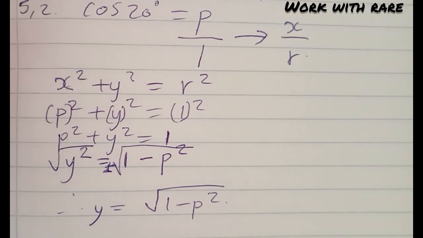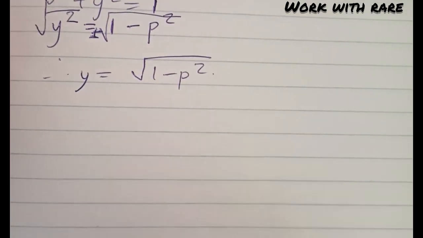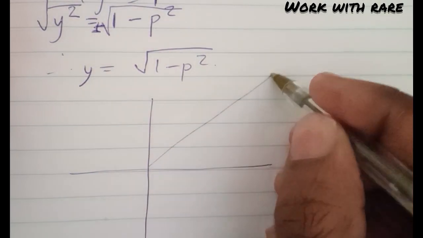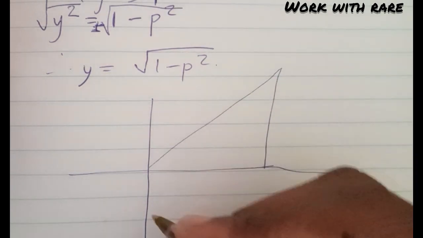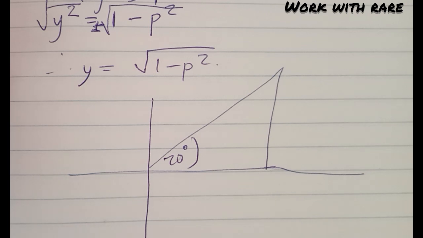Okay, so I'm going to draw it right now. If I draw it, I will use that sketch to answer my following questions. So let me draw it. Remember it will be in this quadrant. So I'll draw it like this, and here I have 20 degrees. You don't have marks for drawing unless they tell you to draw, but even if they didn't tell you to draw, even if it's not on your answer sheet, draw it on maybe the question paper or scribble if you are given a scribble.